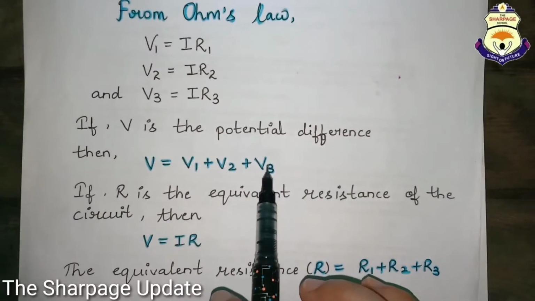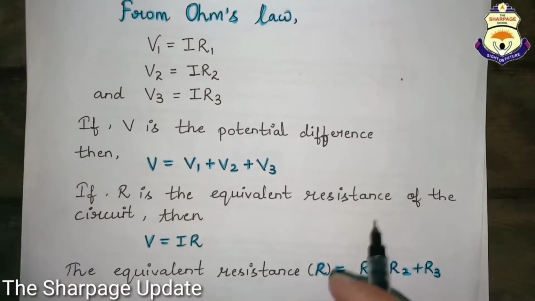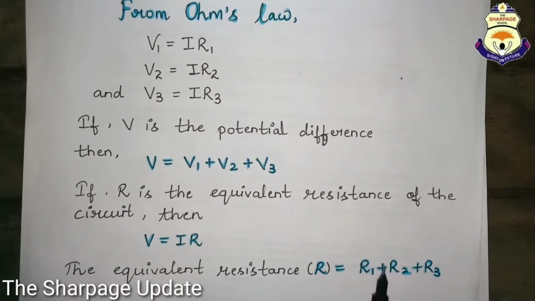And if R is the equivalent resistance of the circuit, then V equals IR, and equivalent resistance R equals R1 plus R2 plus R3, because R1, R2 and R3 are connected in series combination.